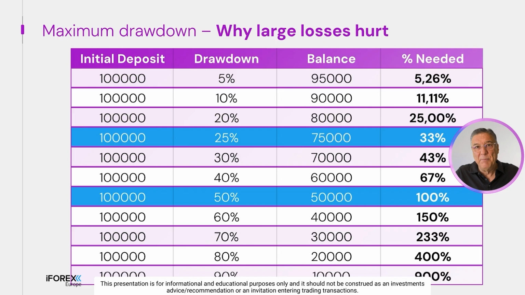Imagine the pressure that we will be having, and our discipline perhaps will be compromised. And if our discipline is gone, then the impact will be on our account, right? So it's extremely important to be careful with our drawdown, with our losses, right?